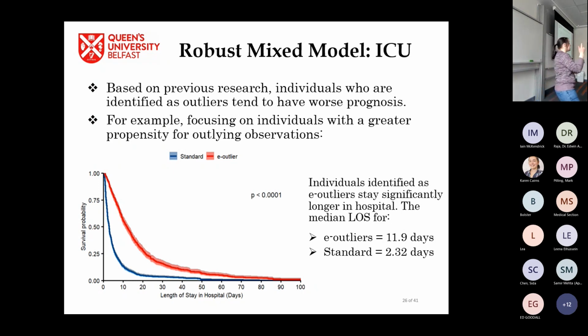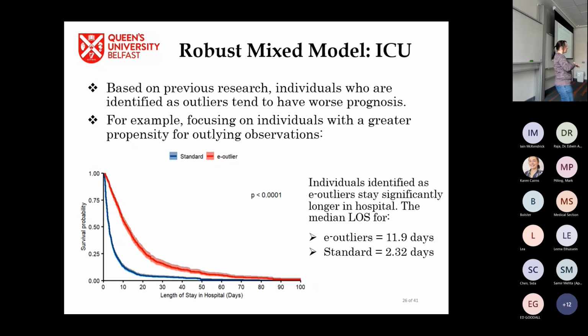Individuals who are E outliers tend to stay significantly longer in the ICU and hospital than standard patients. E outliers stay for a median of 11.9 days, and standard patients stay for a median of about 2.3 days.